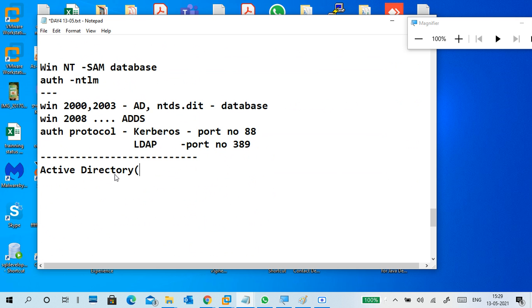AD or ADDS means Active Directory Domain Services.